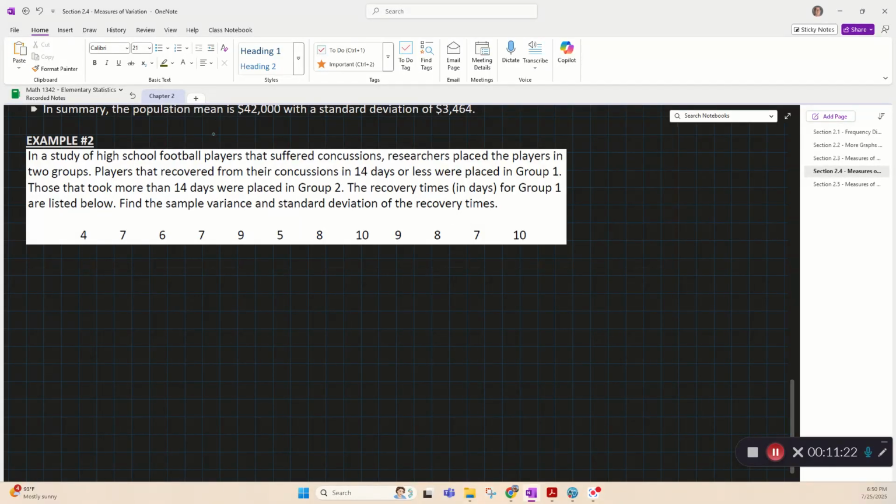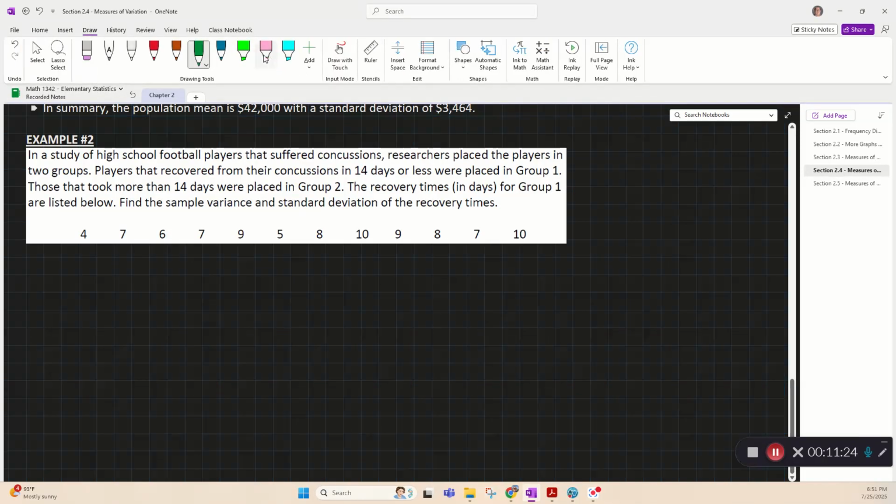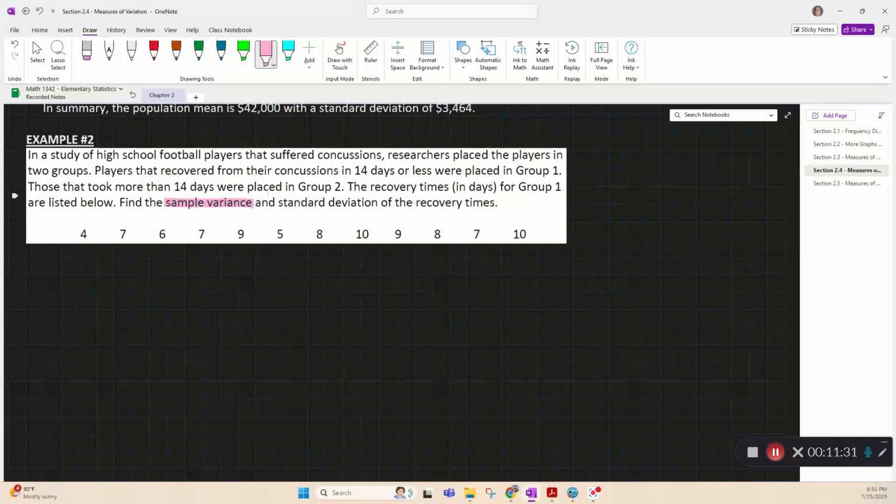So they want sample variance and standard deviation. They're telling us right here exactly what they want. What is the formula for that? It's going to be S squared because we're dealing with a sample.